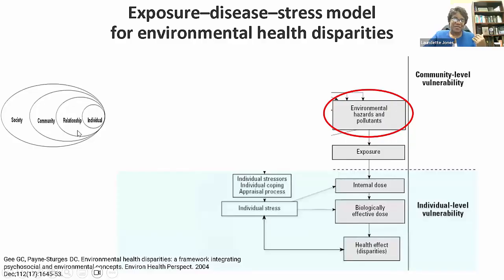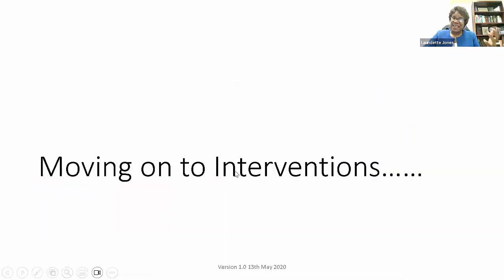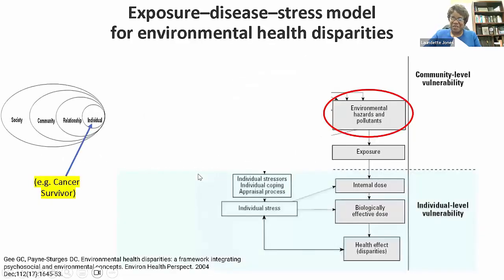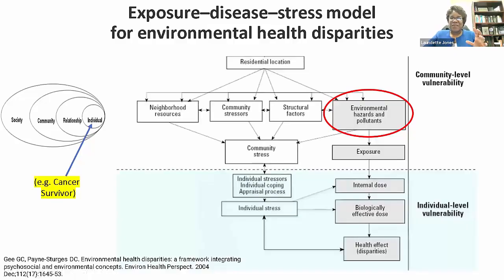If we take the curtain back and take a look at their relationships, say, for example, this is a cancer survivor, the population I work with. That cancer survivor is now maybe in one of the communities that had the tree with poor quality schools or a lack of places to get healthy food.